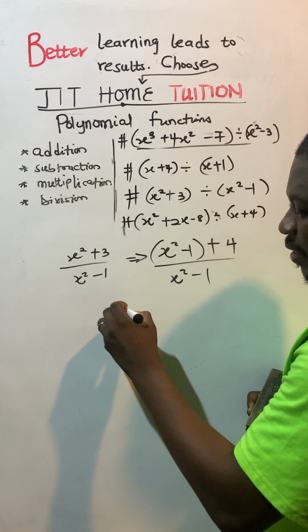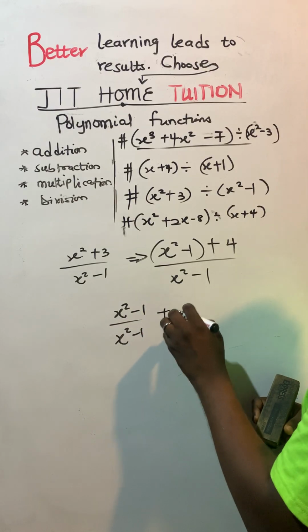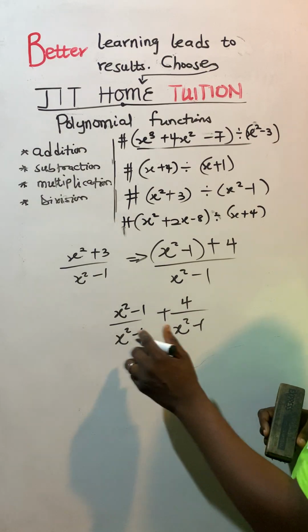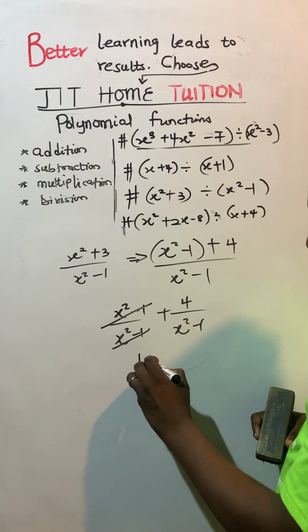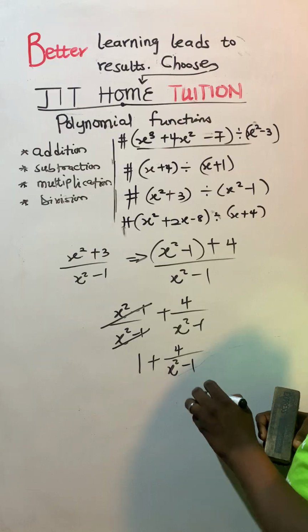So you can do it as x squared minus 1 on x squared minus 1 plus 4 on x squared minus 1, so that this one and that will cancel. You have 1 plus 4 on x squared minus 1.